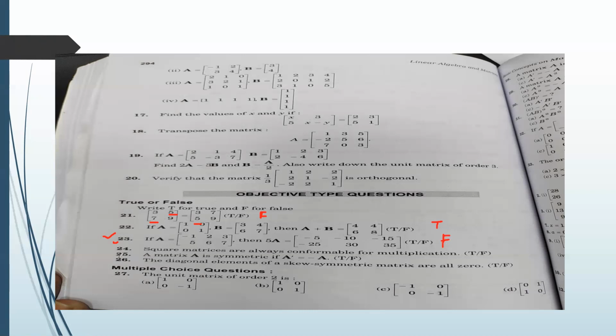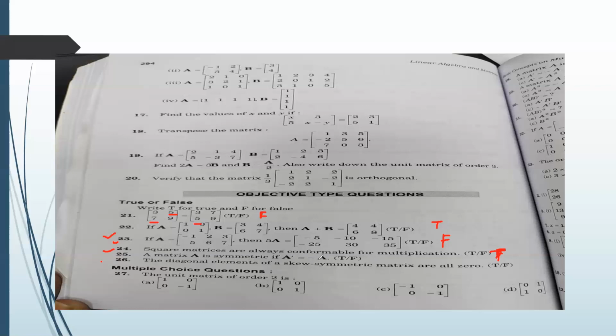Now we go for 24. Square matrices are always conformable for multiplication. Yes, it is true. Okay, now we go for question number 25. A square matrix is symmetric if A transpose equal to minus A?